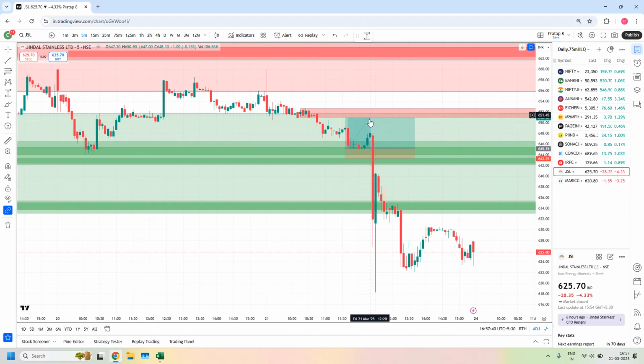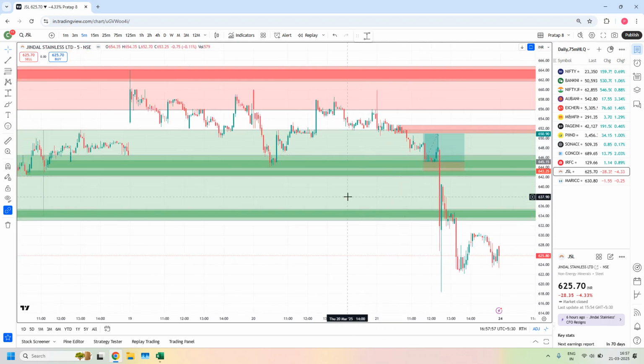Without 1:3 RR, you can't take the trade. Either you have to reject the trade or you have to adjust the entry. I gave it a name, fine tuning the entry. You should fine tune the entry and then plan the trade by achieving 1:3 RR. Okay, this is about JSL.